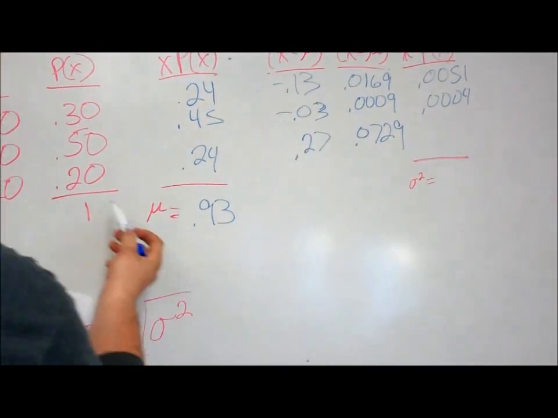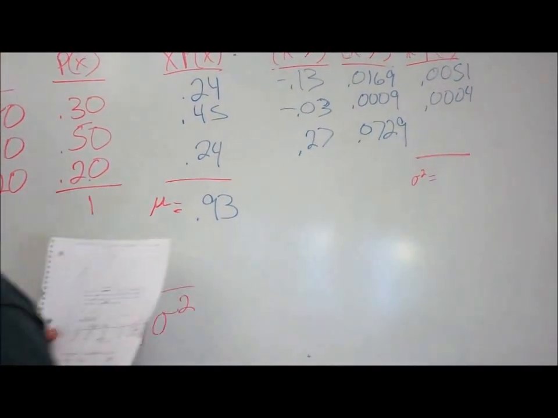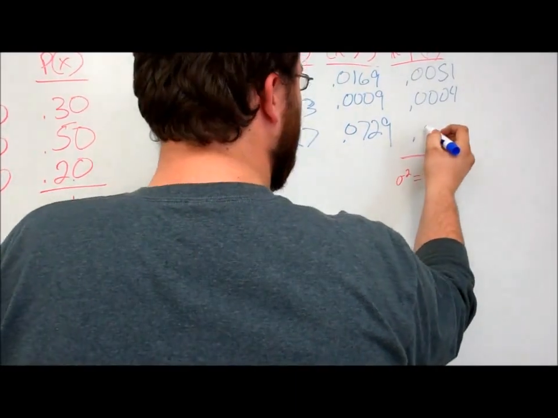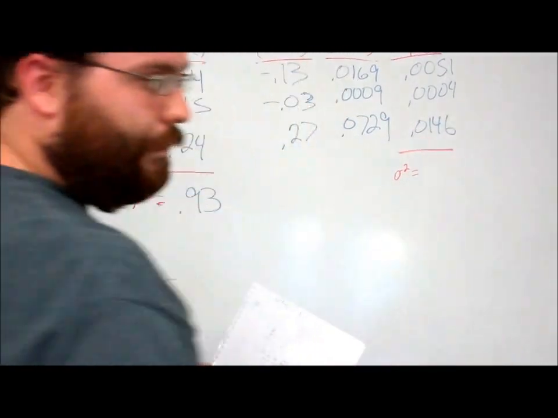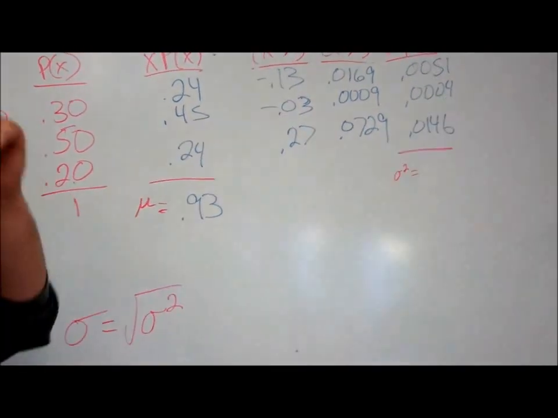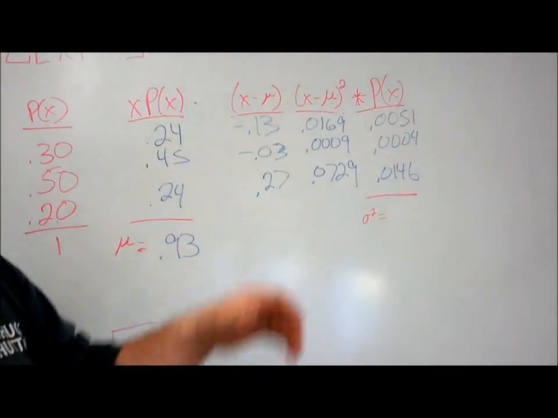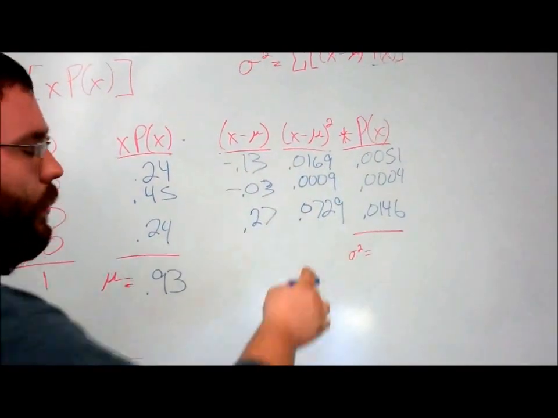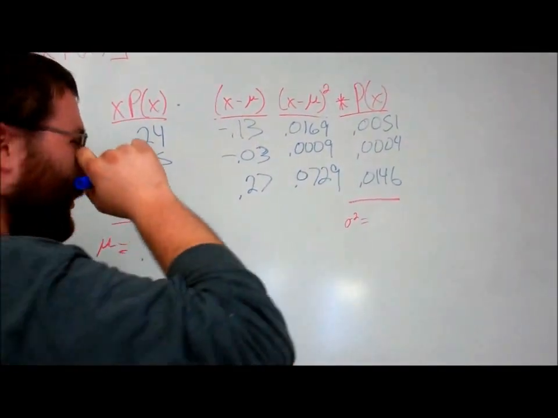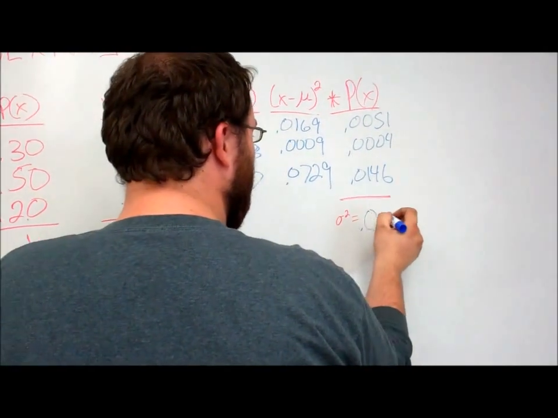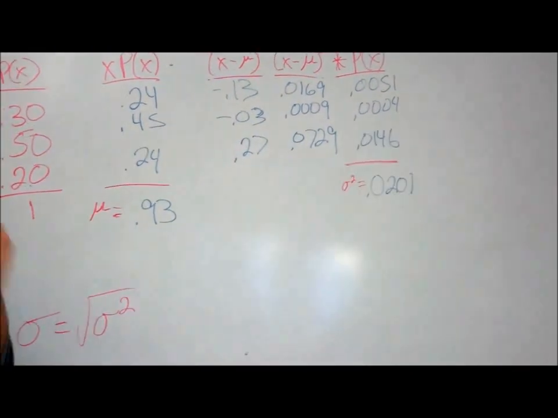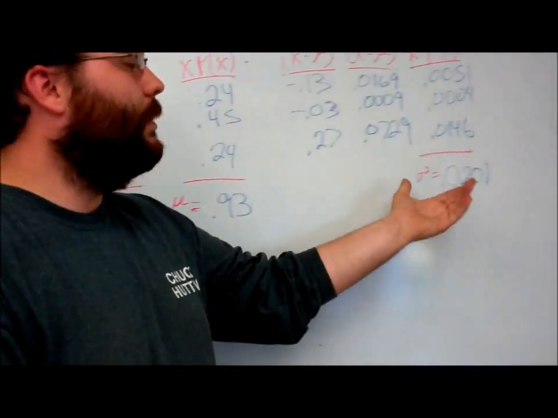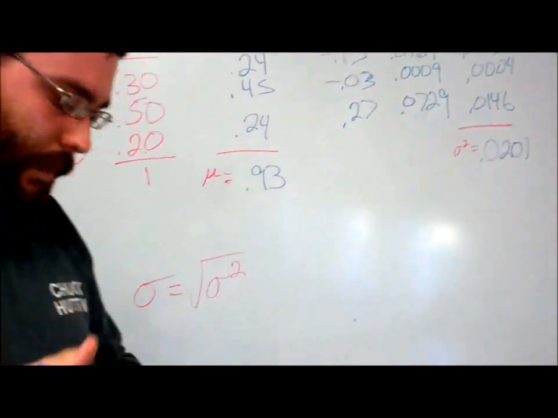And then this times this, which equals 0.0146. Now, to find the variance, we have to add these numbers up, which the variance comes out to be 0.0201. And very simple to come up with.